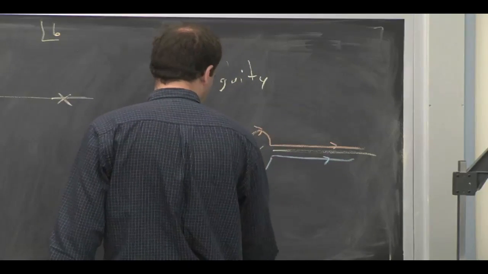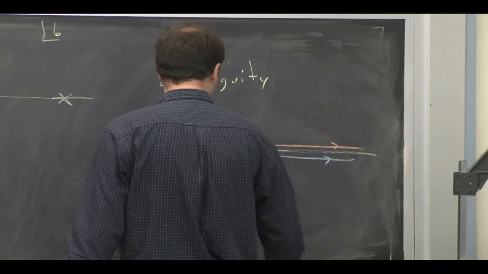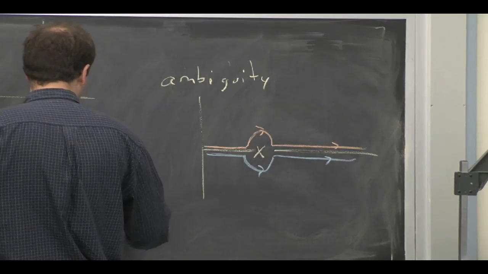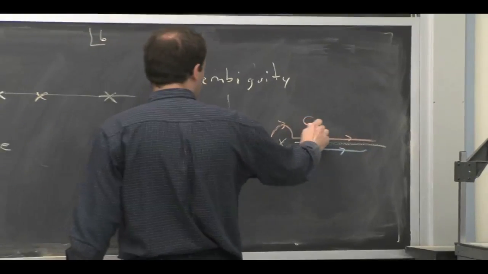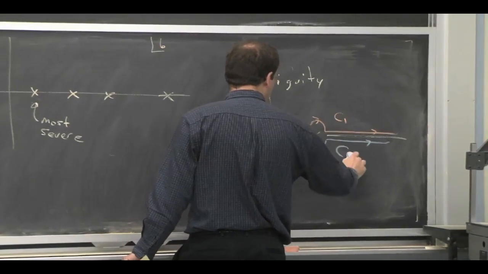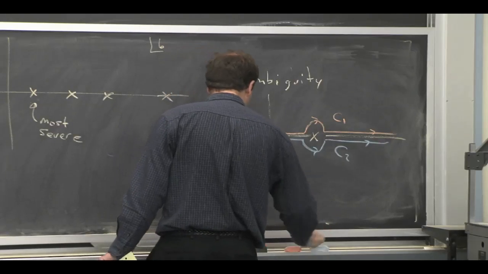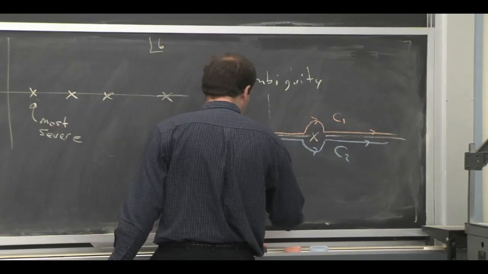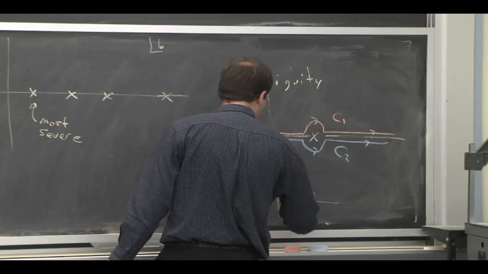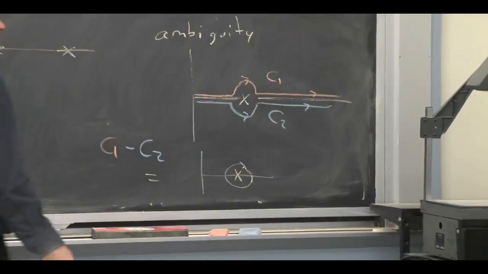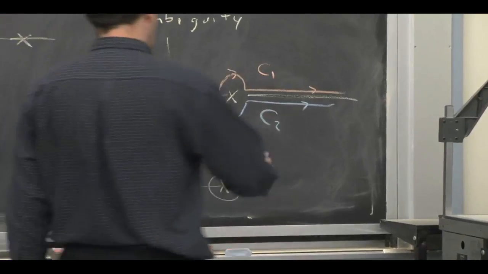Then you can think about what the ambiguity is. I'll call this contour C1, and this C2. The ambiguity is C1 minus C2, and that is circling the pole. So you can look at the residue of the pole, and that gives you the ambiguity.